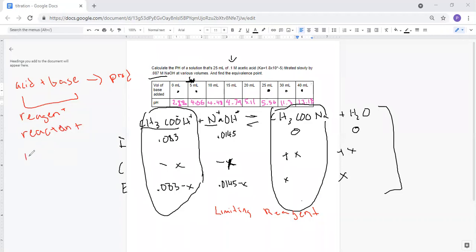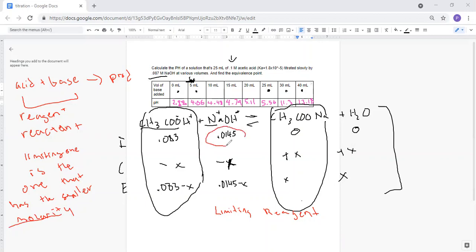And the limiting one is the one that has the smaller molarity. So out of these two, this base has the smaller molarity, so it's our limiting reagent.